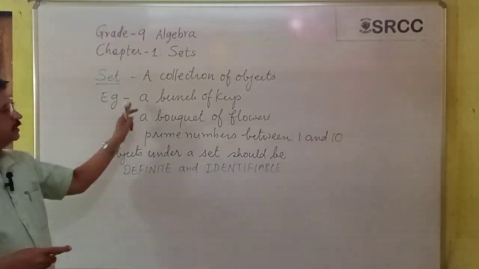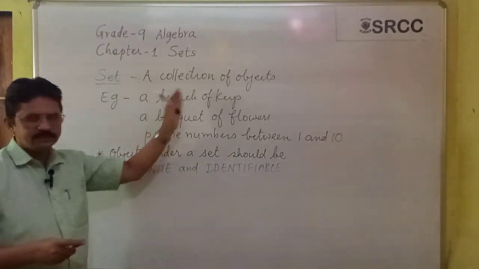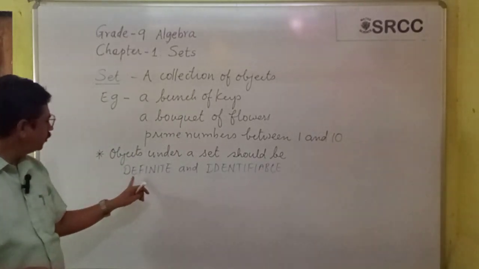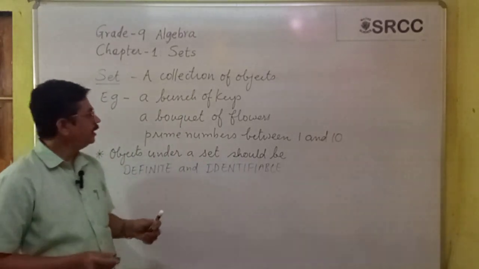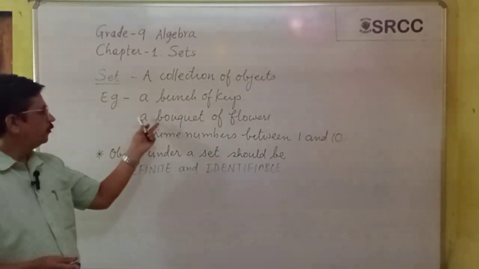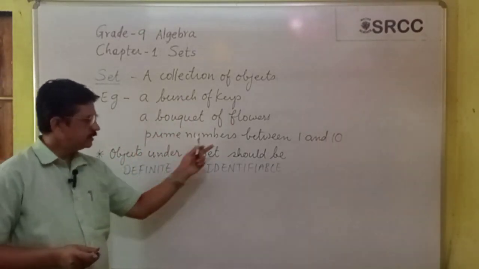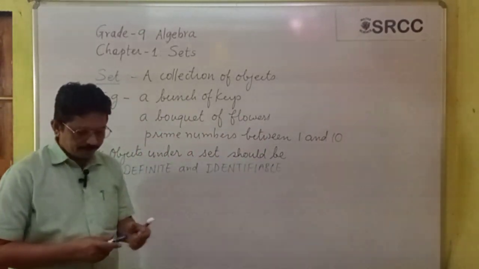The objects that we consider as a set should be definite and identifiable, like a bunch of keys, a bouquet of flowers, prime numbers between 1 and 10, etc.